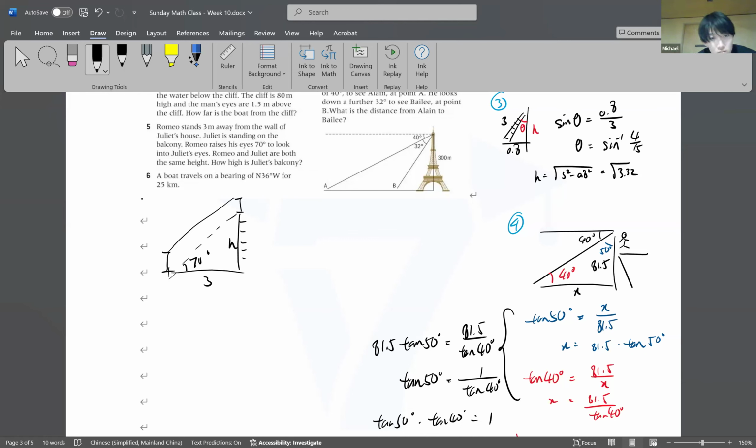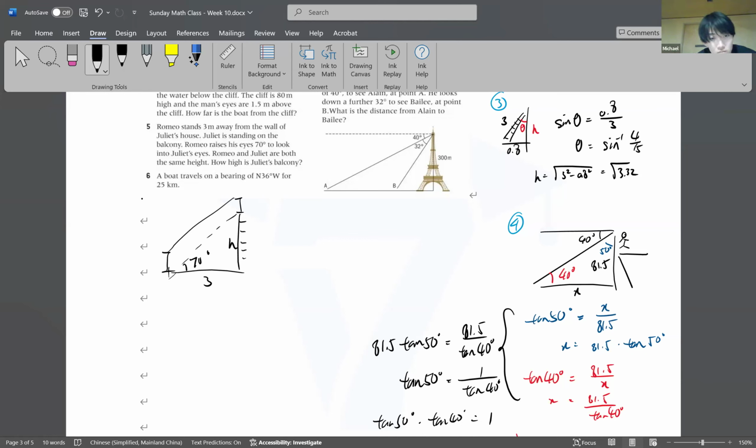Let's say this is AO. So first you want to find AO, which is the opposite. Oh, why can't I write this out? How about a picture? That's that.